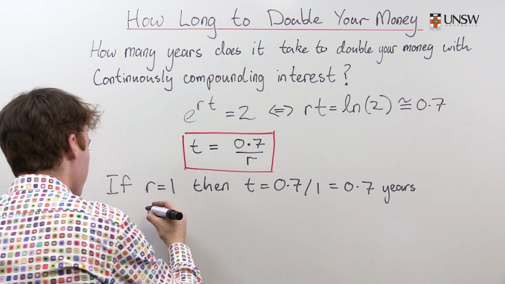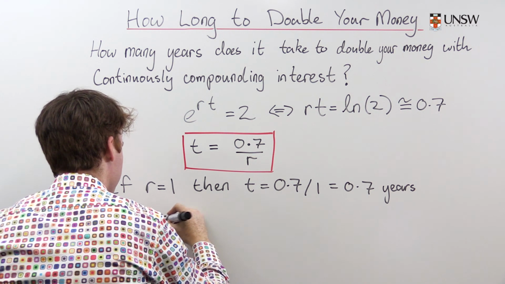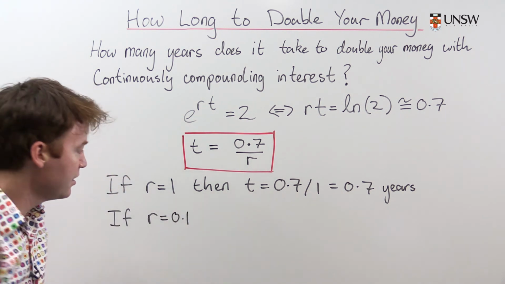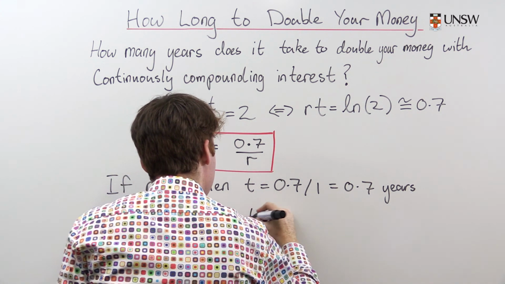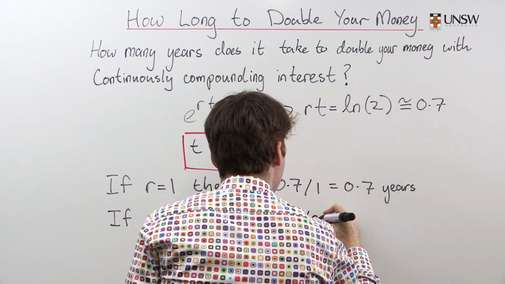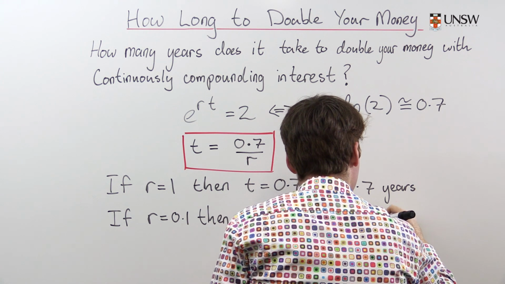What if I have a more realistic rate of interest? If R is equal to 0.1, so a rate of interest of 10%, then t is equal to 0.7 divided by 0.1, which is equal to 7 years.